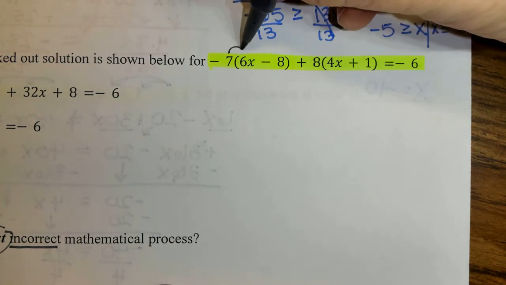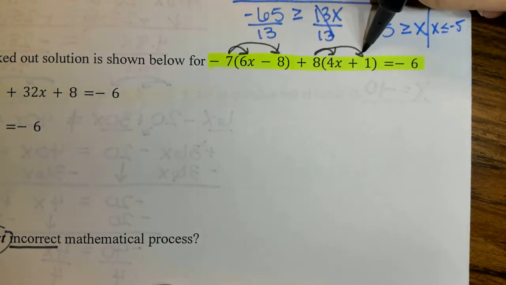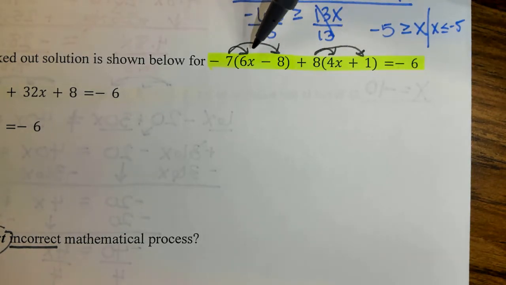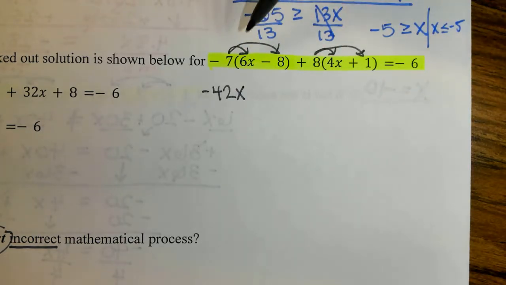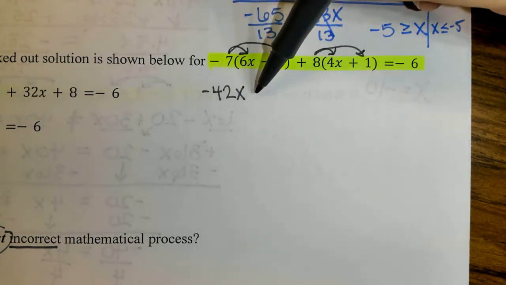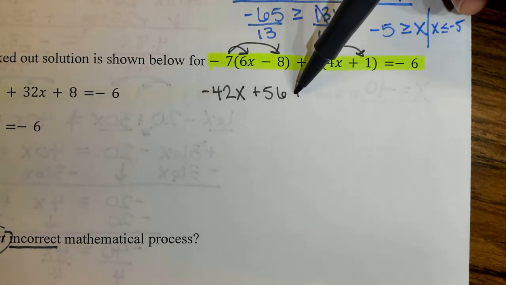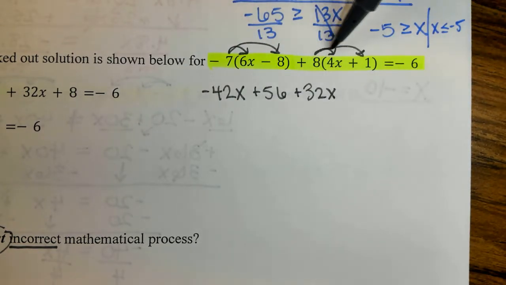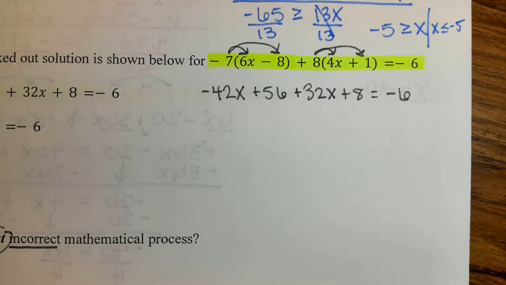So look, if I were to work this out, I'm going to distribute because I have 2 parentheses. So I have negative 7 times 6x, negative 42x, negative 7 times negative 8 plus 56. 8 times 4 is 32x, and then 8 times 1 is 8 equals negative 6.